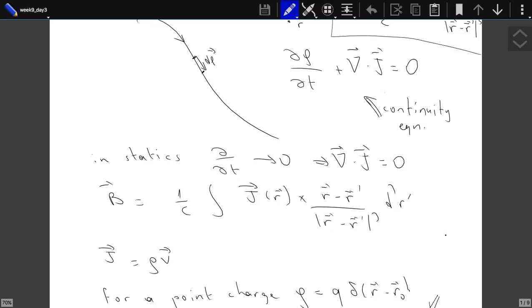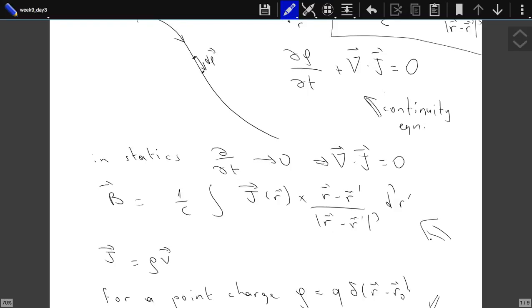And at least in magnetostatics, the magnetic induction can be written as an integral over the current density. Now, the current density, just like current in a wire, is nothing but the charges that pass a given point per unit time; the current density is the amount of charge that passes a unit area per unit time. So it is like the current per area.